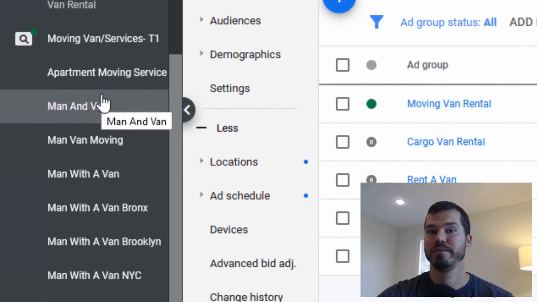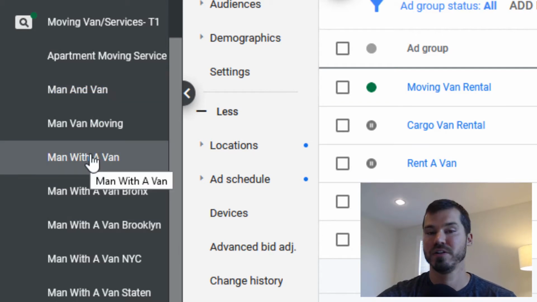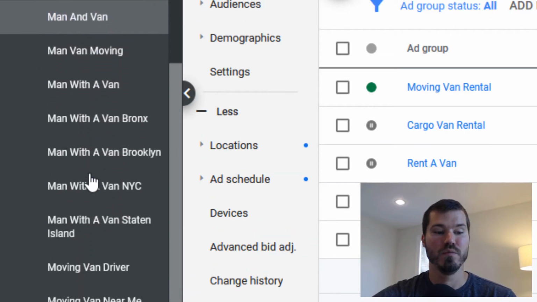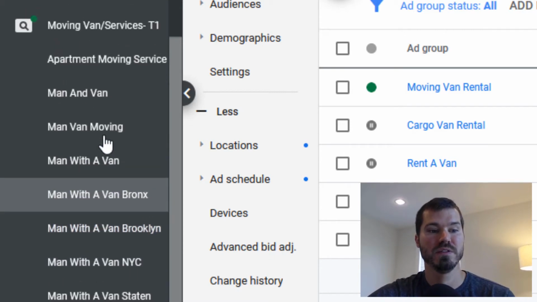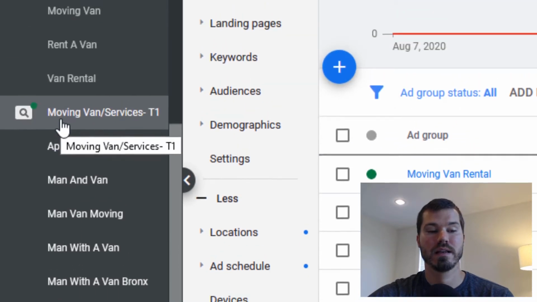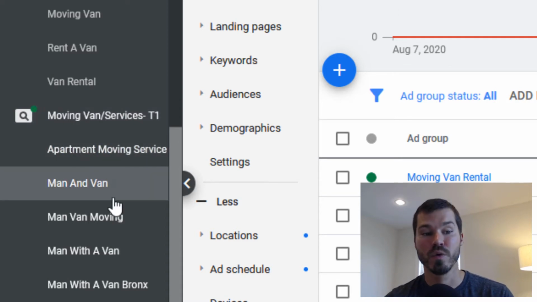So you might go after keywords like moving van rental, but we've found that when people are searching for a man, specifically man with a van, that's a popular term that's used, or moving van driver or moving van service, that implies they're going to be looking for help as well in the form of manpower. So we put those keywords in a campaign called Moving Van Services T1, and I label it T1 to signify tier 1 in this case.